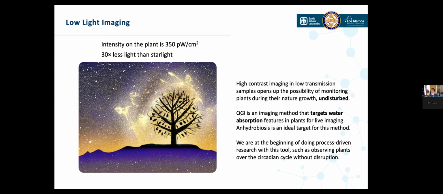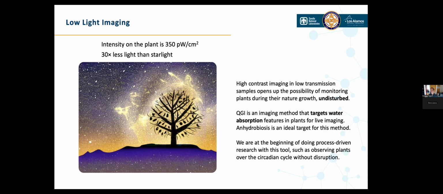Now, the real connection here, I think, between what your group is interested in talking about is where's the water content and where's the lack of water content in plant matter. Ghost imaging, as we've prepared it here, was really targeting the water absorption peak to make that contrast.